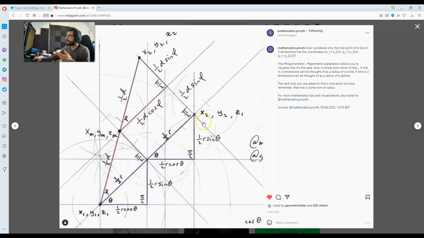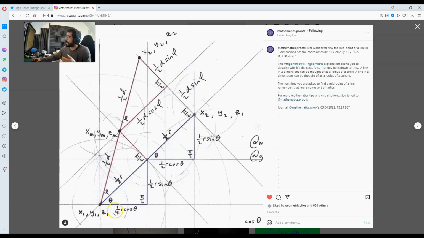Also, the right-angled triangle poking out of the Z1 plane is going to have the angle phi, the hypotenuse d, the adjacent r, and the opposite side as z2 minus z1, or d sine phi.